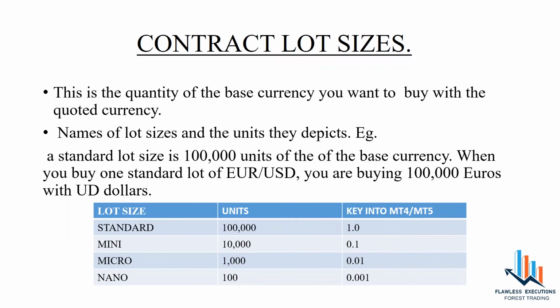A lot of trading brokers do not allow their clients to execute trades in the nano lot size, but the micro and the mini and the standard, I think it's everywhere. Every broker allows its clients to execute trades in these lot sizes. So when you say one standard lot, listen very carefully, don't get yourself confused, it means you are buying 100,000 units of the base currency.